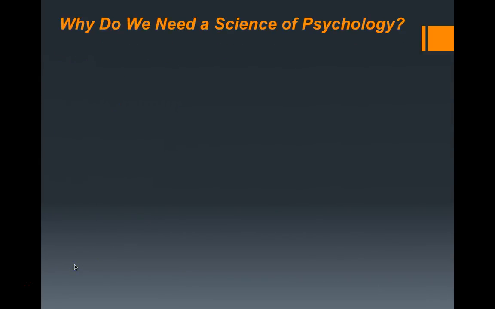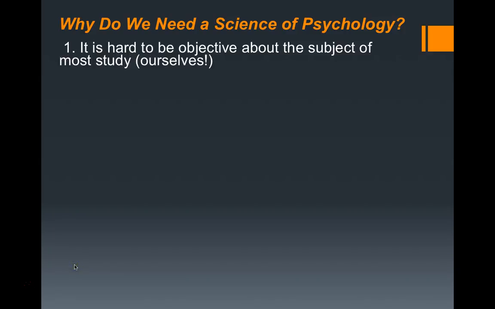Now, the question might be, so why do we need a science of psychology? Well, there are a number of reasons. First of all, it's hard to be objective about the subject of most study, ourselves.